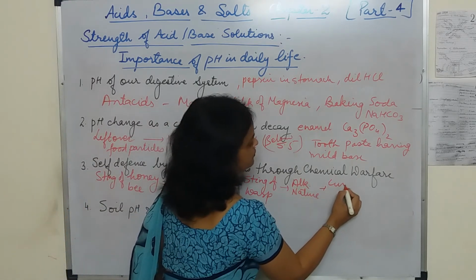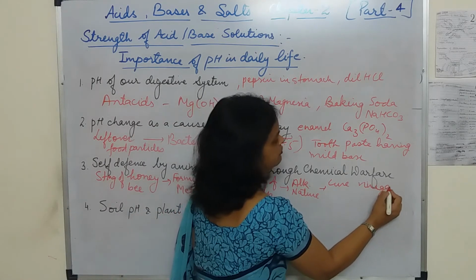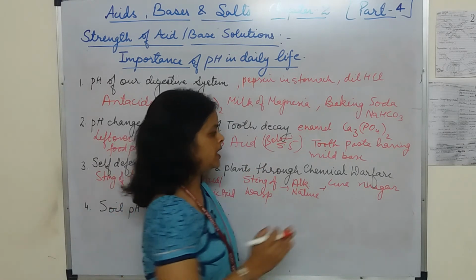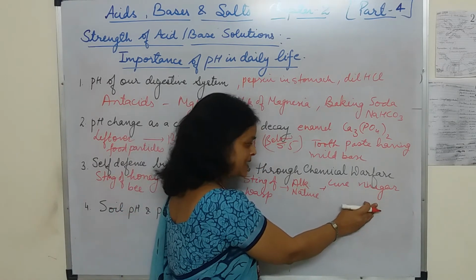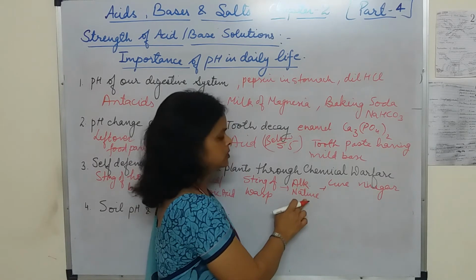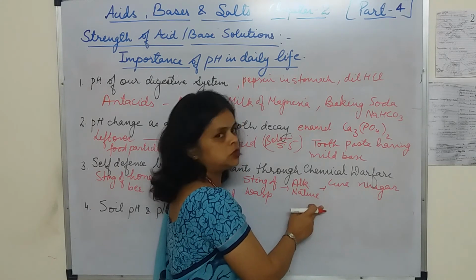And what is vinegar? A solution of acetic acid or ethanoic acid. So if you are applying acid on the sting of a wasp, it is going to neutralize it, because the sting is alkaline in nature. Vinegar, it is acetic acid, it neutralizes.